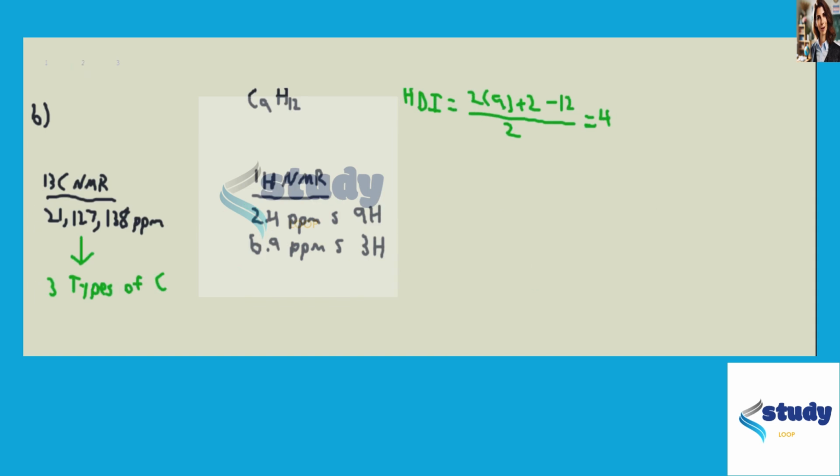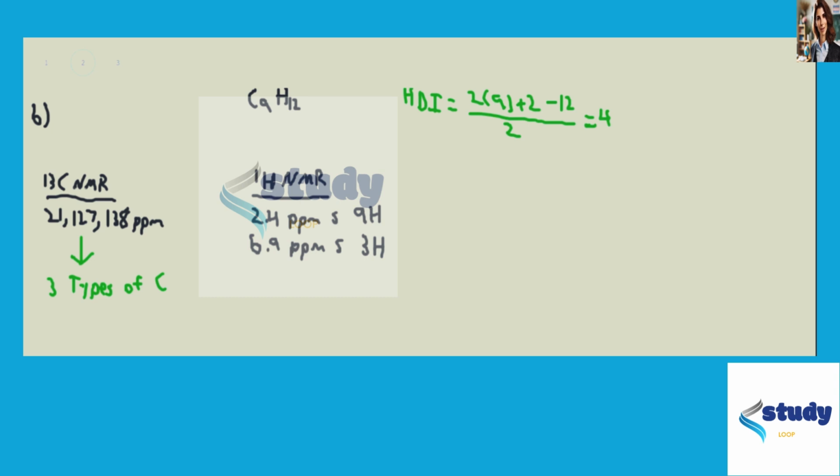Okay, part B. Again, I started with an HDI. Again, it was 4, so I'm thinking benzene ring. After all, this is the benzene ring chapter. For the carbon-13 NMR, we have 3 peaks, so we have 3 distinct types of carbons.